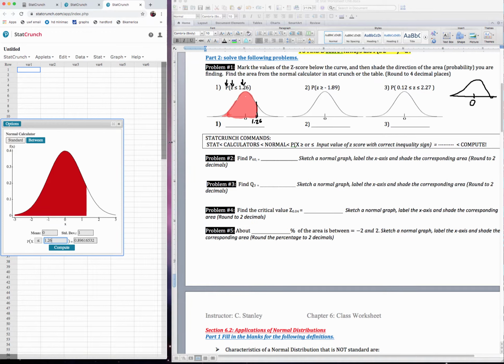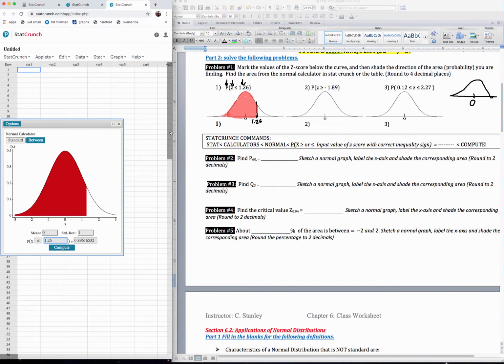I think I just wasn't hitting it right. So the answer here is 0.896. And I'll do what they said and do that in decimals. So that's what I'm looking for here.